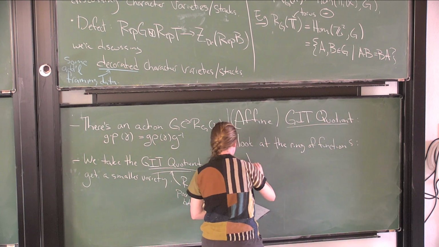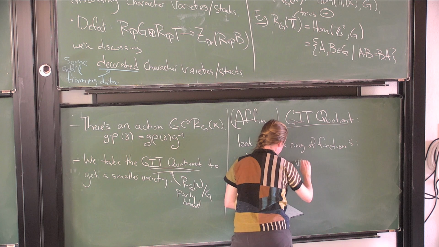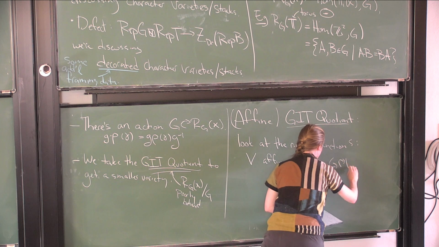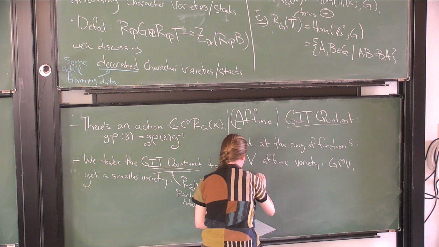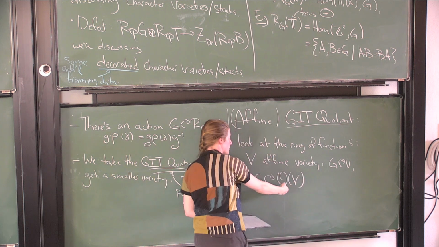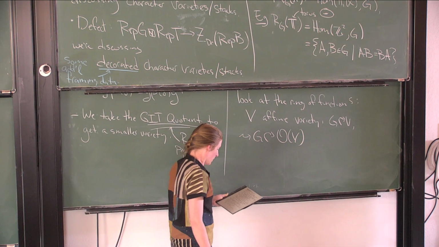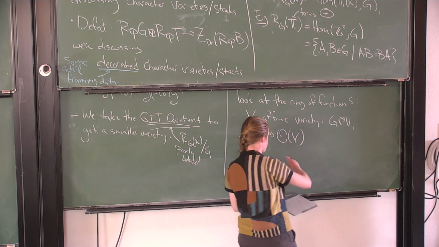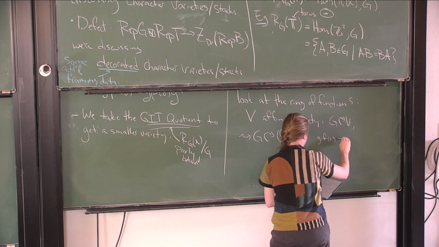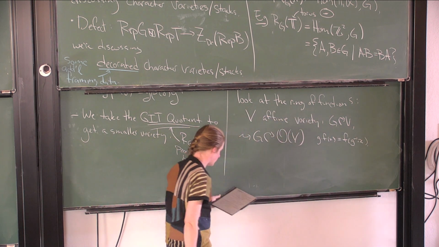So if I have V, some affine, let's say variety, and G acting on V, then I also get G acting on O(V). This is my notation for those functions on V. And so what is this looking like? This is (g·f)(x) equals f of g inverse acting on x. So I get a new action.